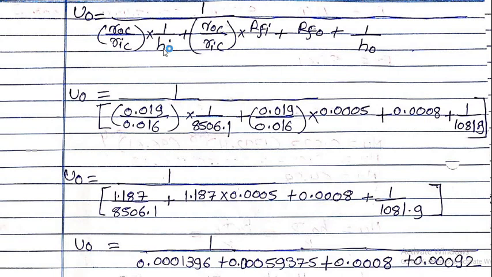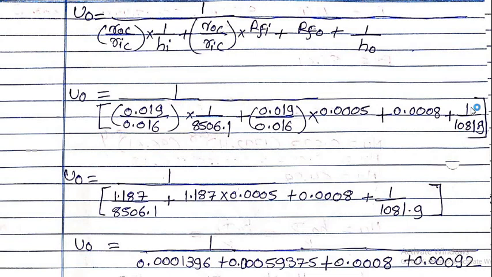8506.1, that is the value of the inner heat transfer coefficient, or heat transfer coefficient for water, plus 0.019 divided by 0.016 multiplied by RFI, that is the fouling factor for water, provided as 0.0005, plus RF naught, that is the fouling factor for oil, provided as 0.0008, plus 1 upon H naught, that is the heat transfer coefficient for oil.